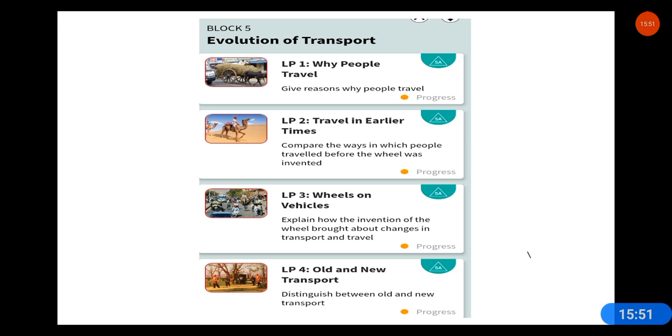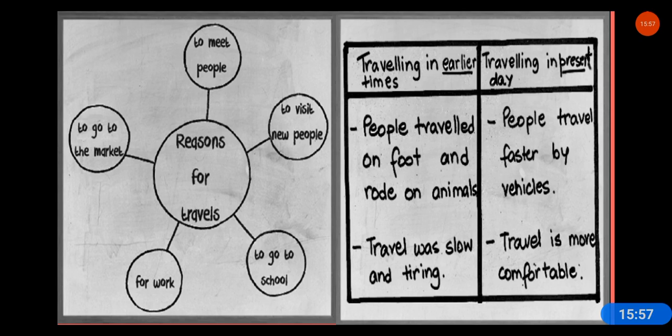Block fifth, evolution of transport. There are four topics you need to see. Reasons for travel, right? The first topic is why people travel. Let's talk about the reasons that people travel.